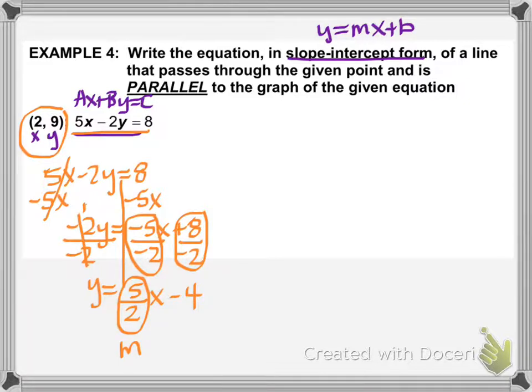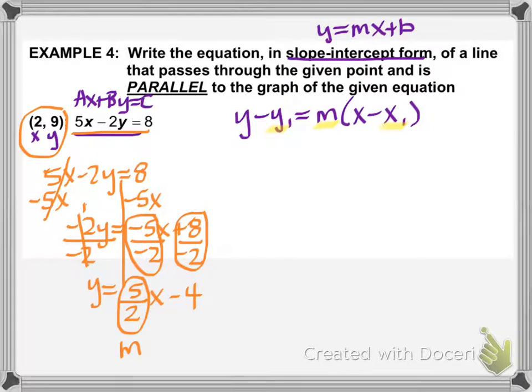So whenever you have the slope and the point of a line that you want to write the equation for, you use point-slope form, which remember is y minus y1, this is what we did earlier, equals m times x minus x1. And just to remind you guys, we're going to be replacing the m with the slope we want and the x1 and the y1 with the point that we want.